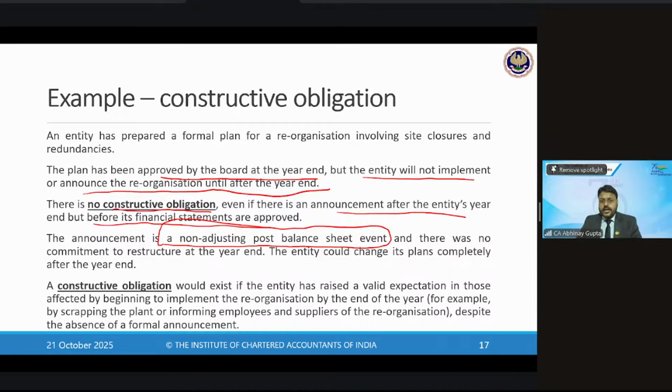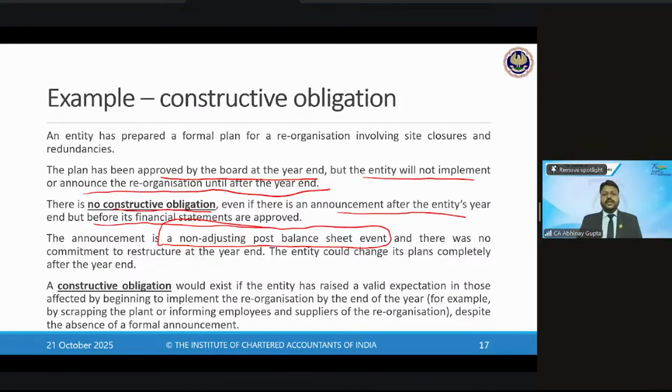Correct? Now, if the event is non-adjusting, then do you do any accounting in the financials? No accounting is done. Only disclosure. So for non-adjusting events, only disclosure is required. And for adjusting events, accounting is required, yes or no? Yes.